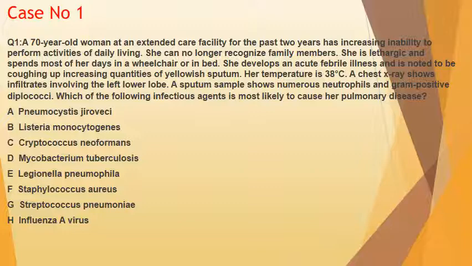Sputum sample showing numerous neutrophils means this is a bacterial infection. It is not a viral infection. Gram-positive diplococci, so it's a bacterial infection. We exclude fungal infection and viral infection.